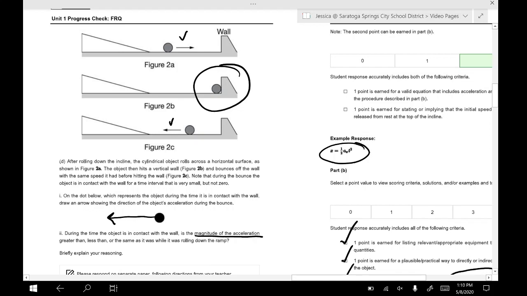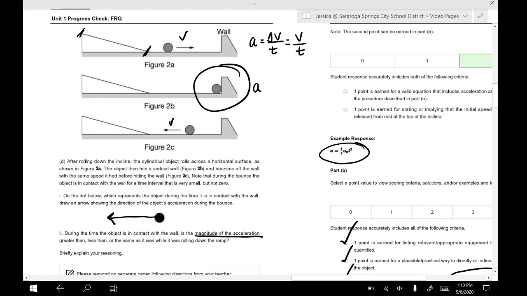Okay, so in this time period to get down the ramp, our acceleration is just going to be a equals delta v over t. Okay, but our initial velocity is 0. So our change in velocity is really just v, that speed at the bottom of the ramp, over t.